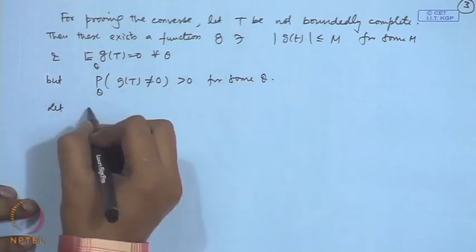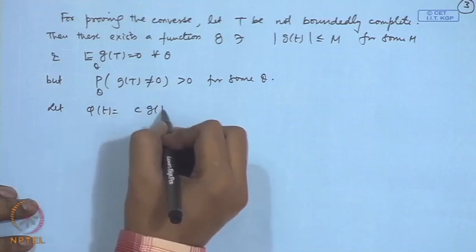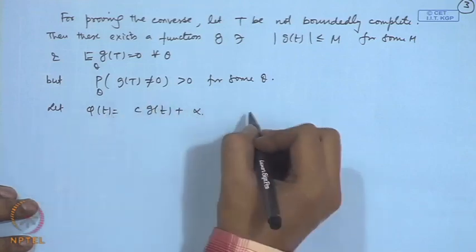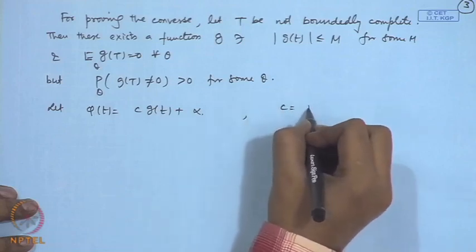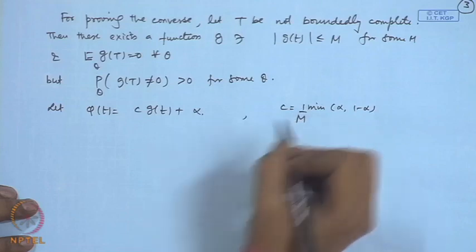Now, let us assume φ(t) to be equal to a constant c times g(t) plus α, and here I am choosing c to be the minimum of α and 1 minus α, divided by M.